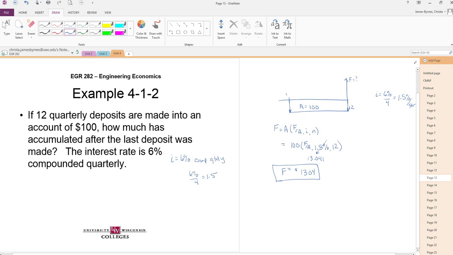If the question had said 6% per quarter, then I would have used straight out 6%, but that would be like 24.8 or some huge interest rate. So unless you see it already put out there in your units, you assume it's always giving you that nominal rate, telling you what to do with it, and then you get your effective rate. So that's it for that one.